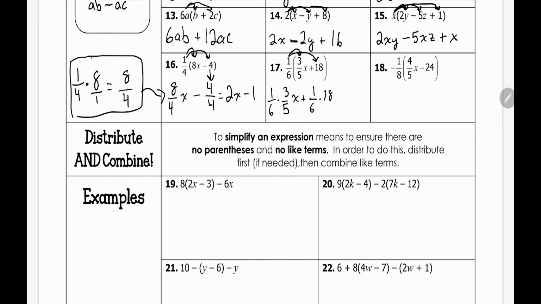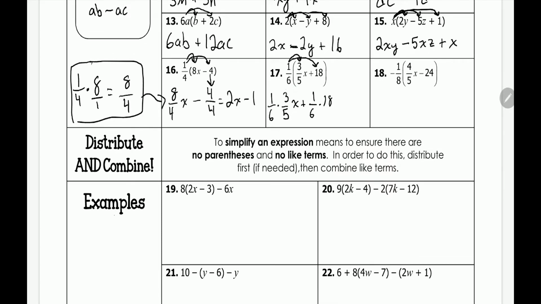And we just have to simplify this. So 1/6 multiplied by 3/5. We multiply straight across, so 1 times 3 gives us, I'm going to write really small, so we have 3 over 6 times 5 is 30. Then we have the x plus, we have to change this into a fraction, so 18 over 1, and then we multiply straight across, so that's 18 over 6.